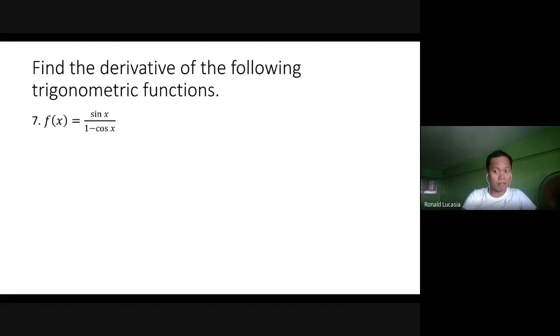So makakapag-produce ka pa diyan ng 1. Saan napunta yung 1? Negative cosine x.